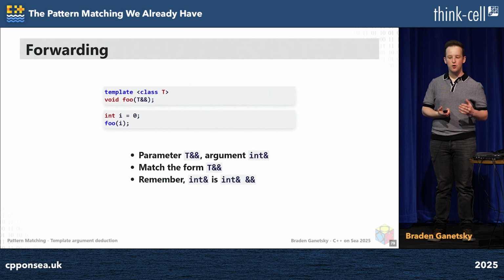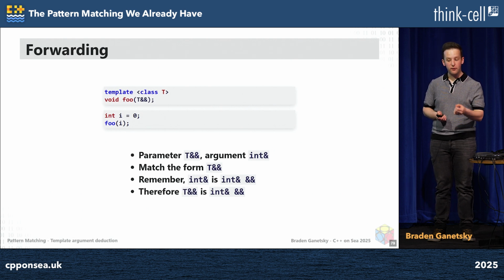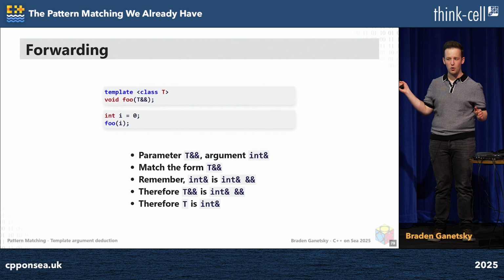It does. Remember, int& is actually just int&. So because of reference collapsing rules, or at least this is how I rationalize it, int& is actually int& &&, so we can match this form, and then we can strip off the rvalue reference, and we get T is int&. Is there anyone else on the standards committee in the audience going to tell me I'm wrong about this? Because that would be embarrassing. Okay, great.